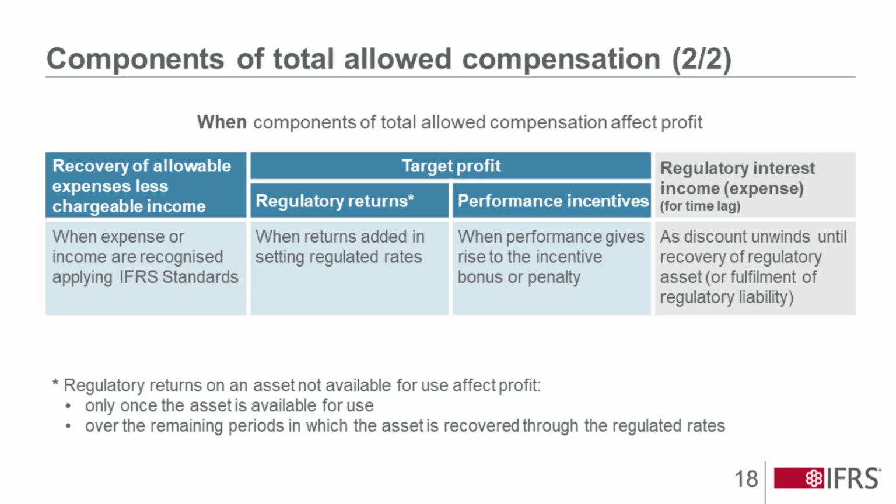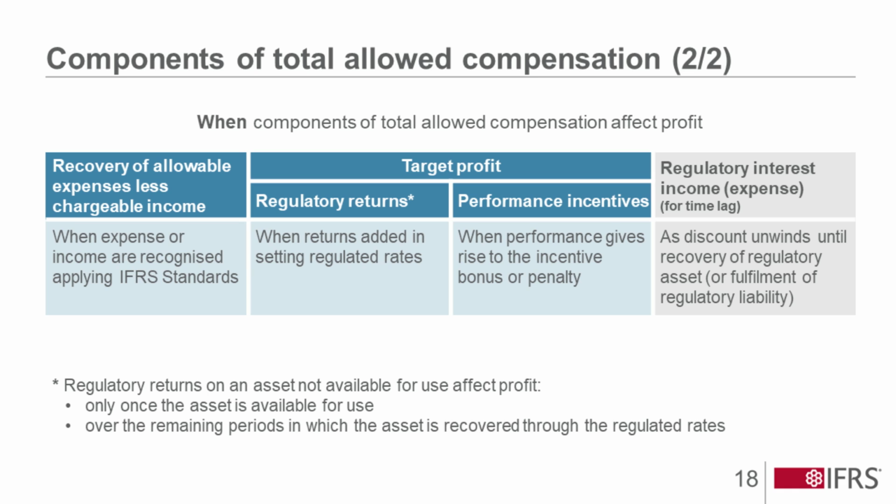For one case only, the board concluded that returns to which a regulatory agreement entitles an entity to add in the rates in a period should form part of total allowed compensation for the goods or services supplied in a different period. This is the case when an entity is entitled to include in the rates charged in a period returns on an asset that is not yet available for use because, for example, it is being constructed. The entity would be including those returns in the rates it would be charging when supplying goods or services to customers in that period using other assets.